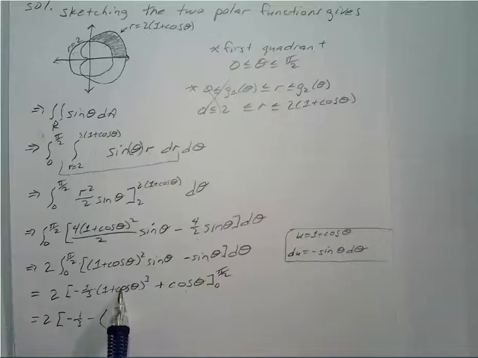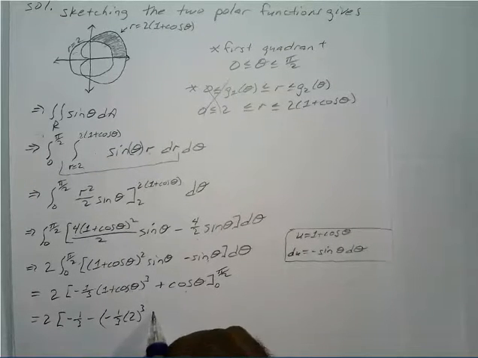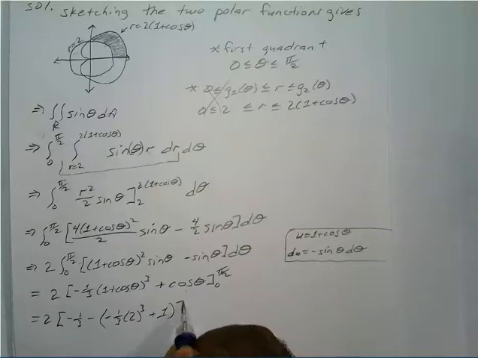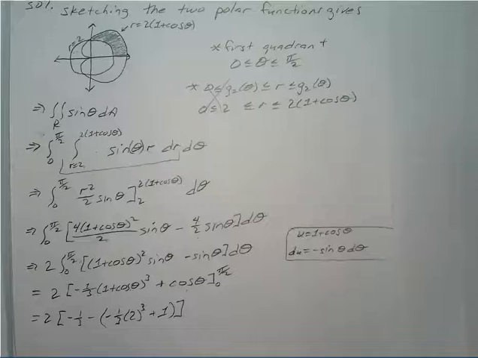So now plugging in the 0, we get cosine of 0, which is 1. So we have 1 plus 1 is 2. So we have negative 1/3 times 2 to the third power plus 1. There we go. And all of that times 2.